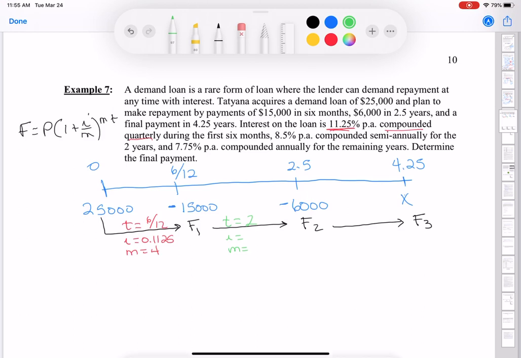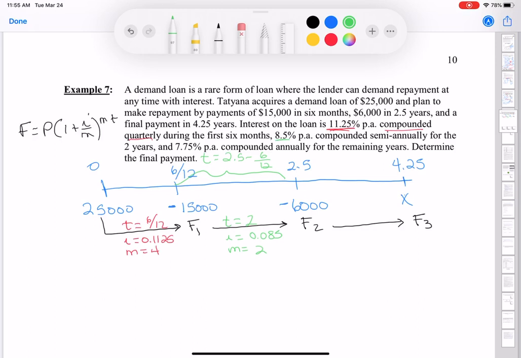But if ever you're in a pickle, you have something more difficult, to find time, you just go, where am I ending minus where am I starting? And that will give you the time between, and in this case it's 2. And that second part of the interval, we have an interest rate of 0.085 or 8.5%, and it's compounded semi-annually.